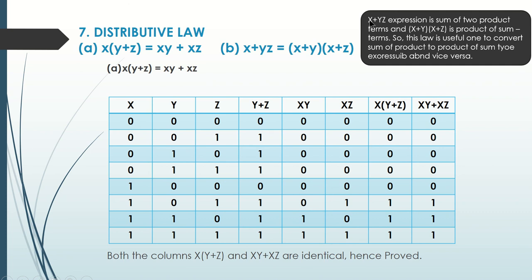Then x plus y and x plus z are sum terms. So x plus y multiplied by x plus z is a product of sum, and the other side is a sum of product.